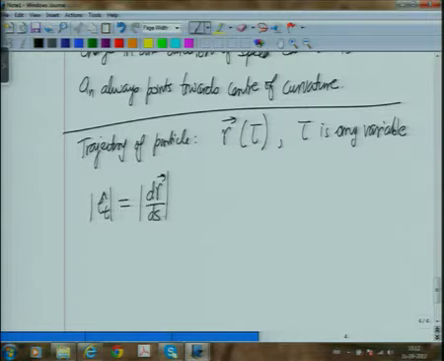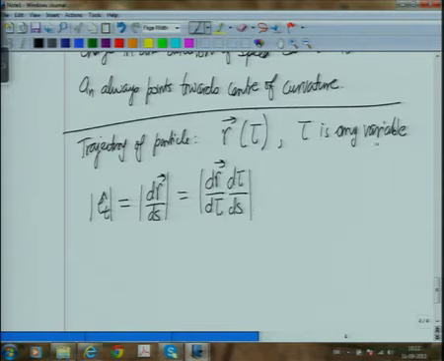So magnitude of Et is equal to magnitude of dr by ds, and this I can write now because I know things in terms of this new parameter tau. Tau is any variable, or in mathematical terms we call it a parameter.